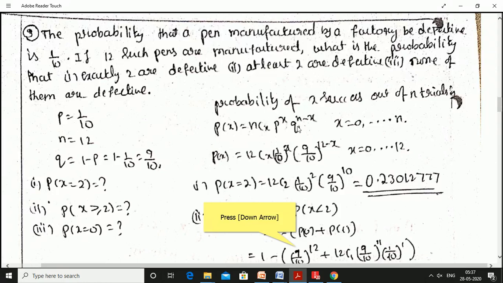Substituting the n, p, q values: 12Cx (1/10)^x (9/10)^(12-x), x equal to 0 to 12.